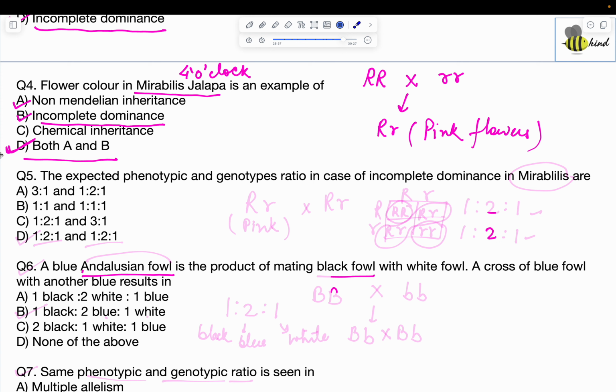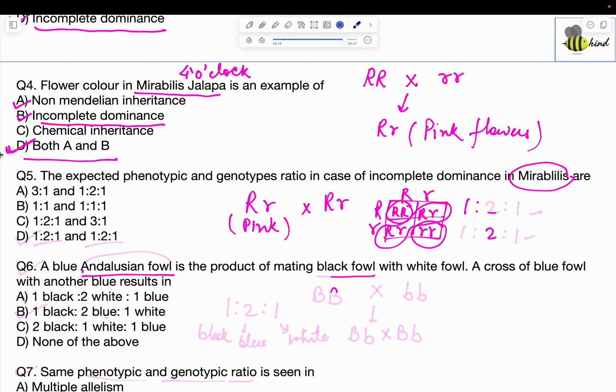Now, next question is the expected phenotypic and genotypic ratio in case of incomplete dominance in Mirabilis jalapa. So when the hybrid pink flowers were self-pollinated, I'm completing this table, they produced 1 red, 2 pink and 1 white colored flowers, right?